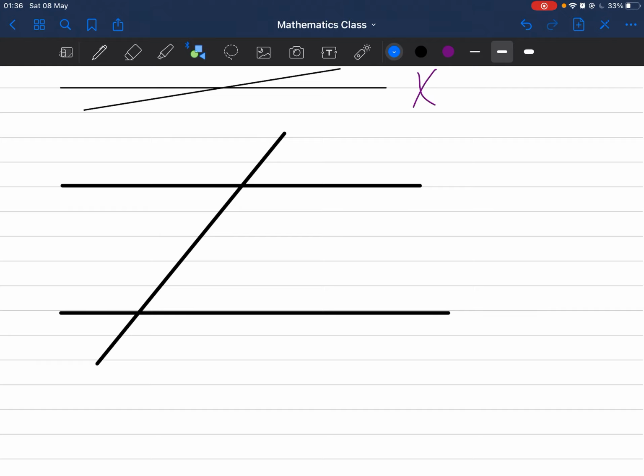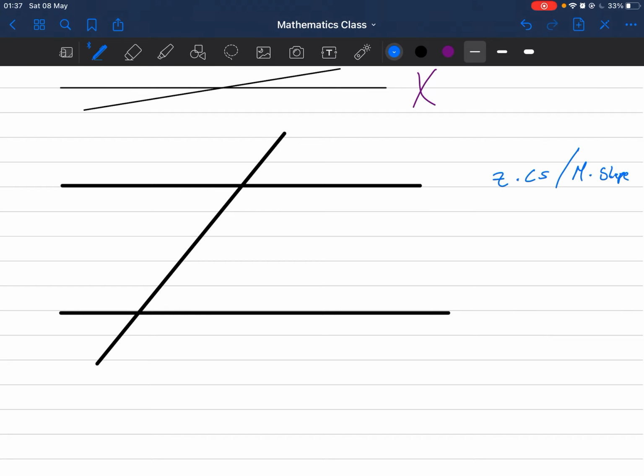There's something called Z angles in parallel lines. Z angles, or they call it N shape angles.